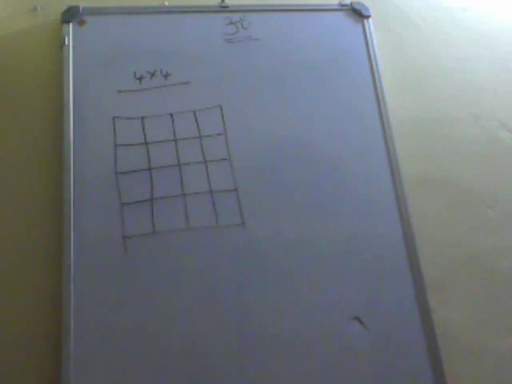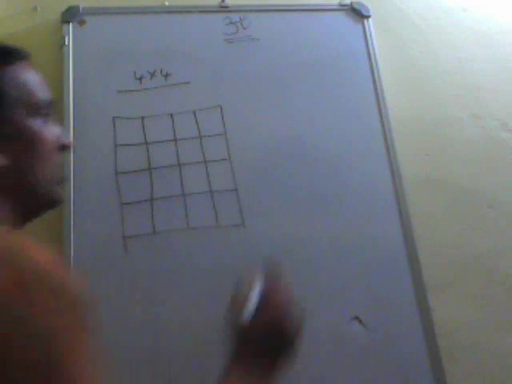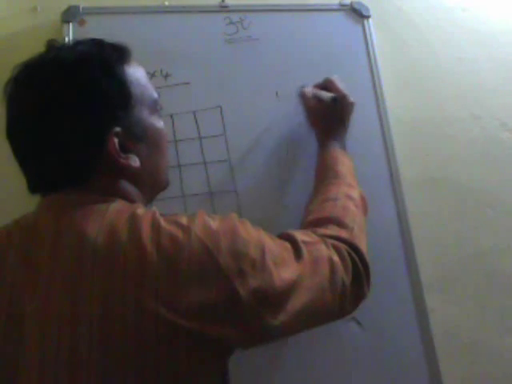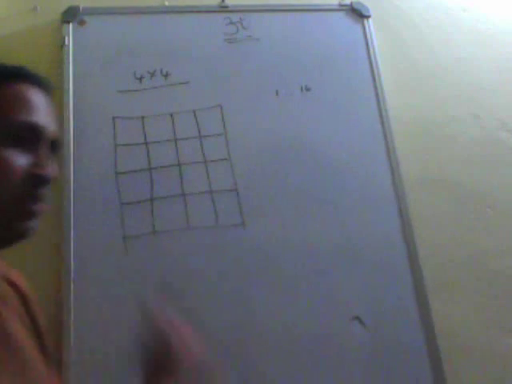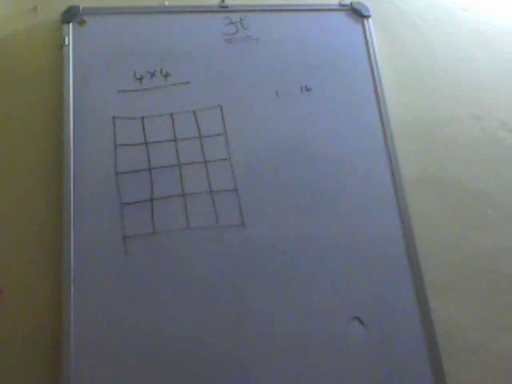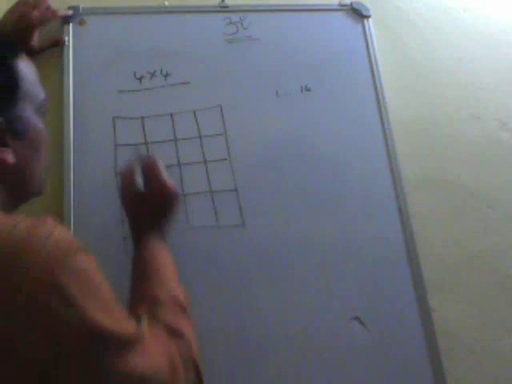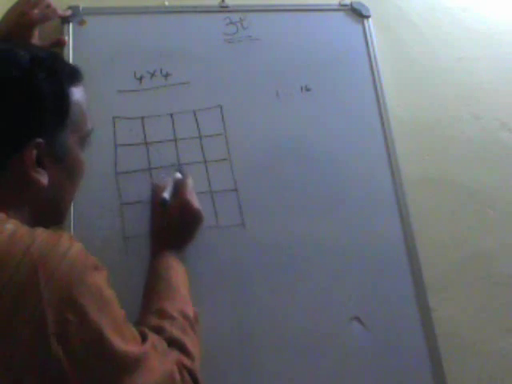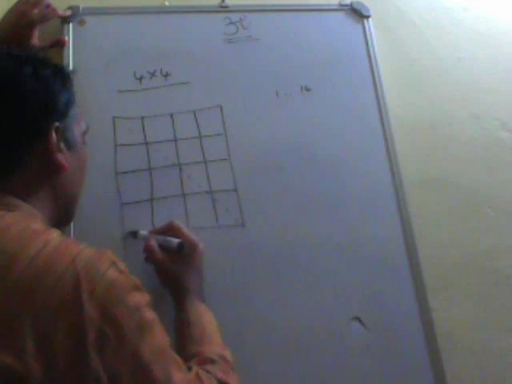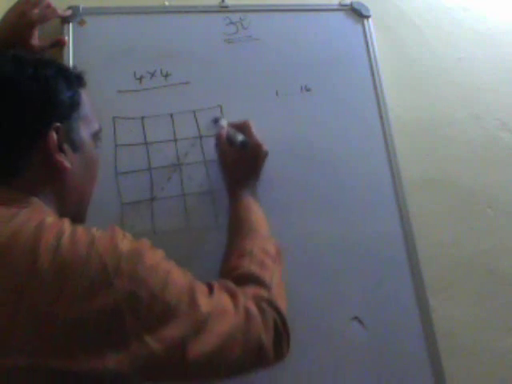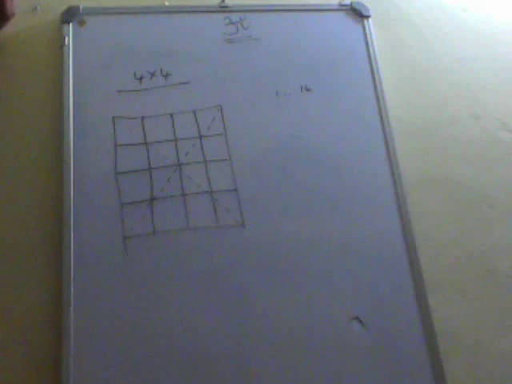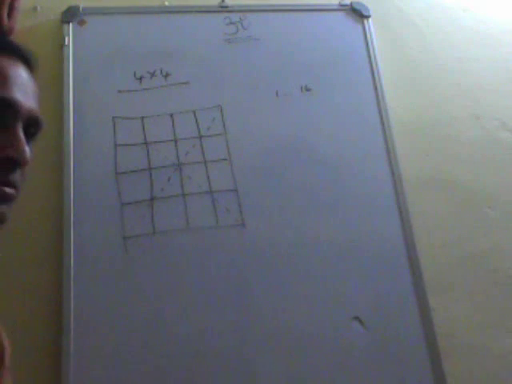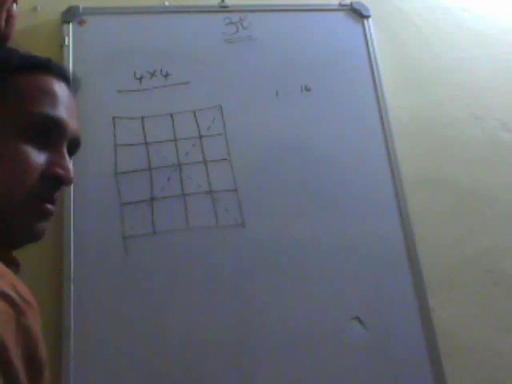Okay. 4 by 4, what you do is very easy. Let us take the example 1 to 16. You have to fill 1 to 16 in a 4 by 4. First of all, you write the diagonals.